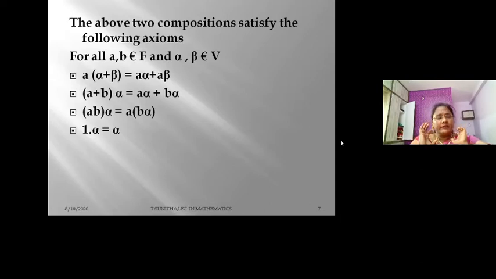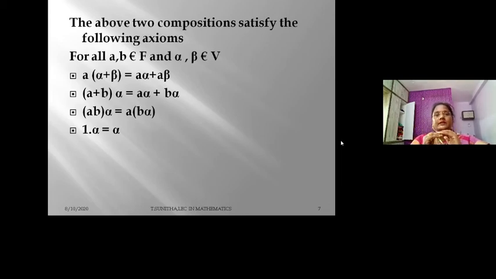So the definition of vector space is, we have to take two sets. V is a vector set, and F is a scalar set, and (F, +, ·) should be a field.